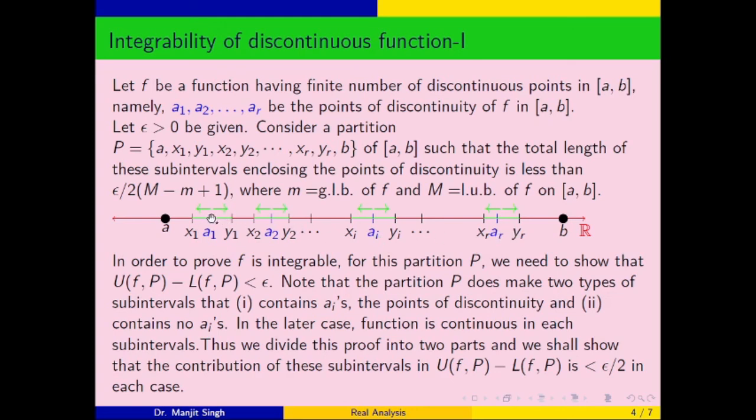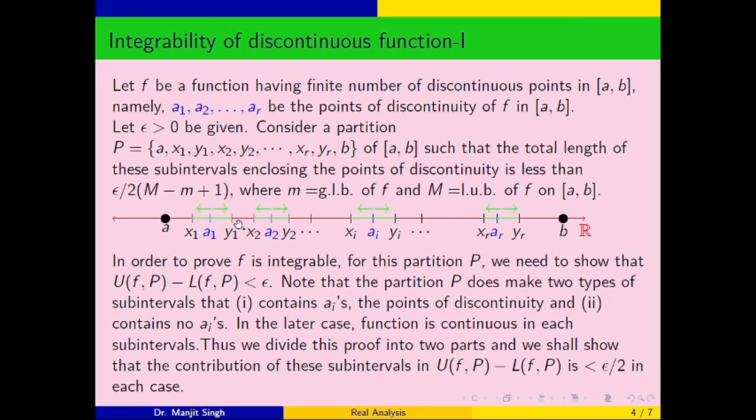And this interval contains infinitely many points. However, the rest of the part contains either no point of discontinuity, or a finite number of points of discontinuity. However, this interval contains infinitely many points of discontinuity with limit point a1.